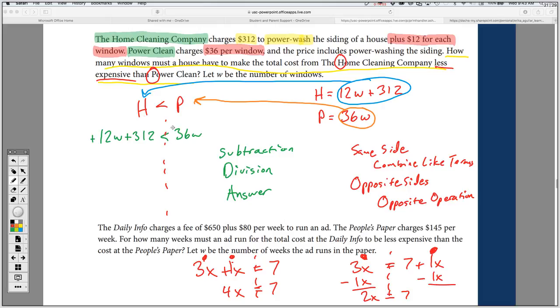Opposite side. So we have to do the opposite operation. Think of it as addition. Subtract 12W. Bring down the 312, and it's less than. What's 36 minus 12? 24. If you move the 36 instead, go ahead and keep it. I'm going to solve it both ways so you can see the difference.